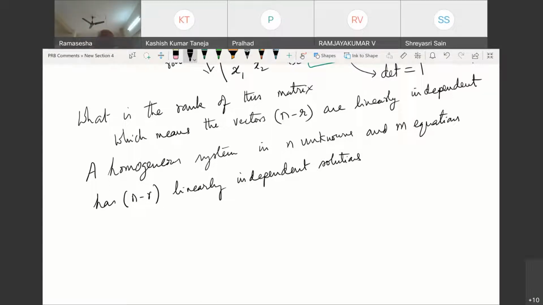Okay, now let me go to another part, which is how do you solve an inhomogeneous system of linear equations.